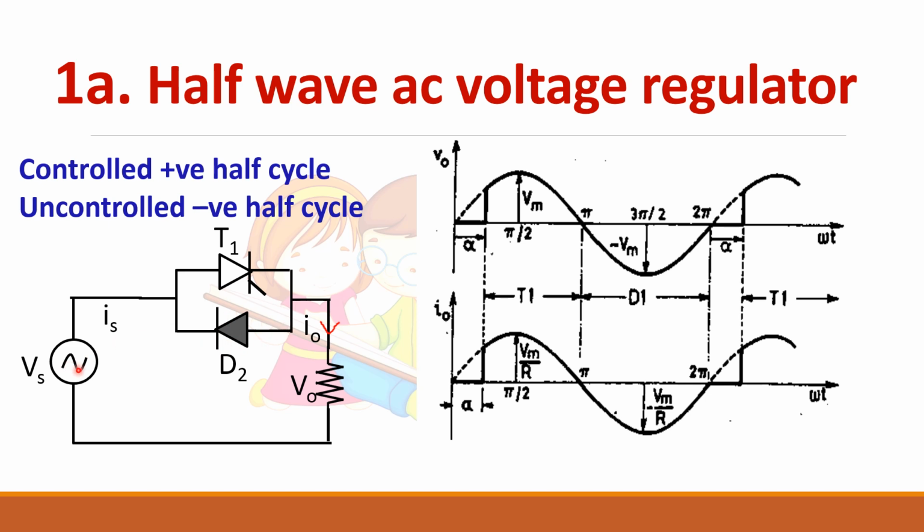D1 will be forward biased and it conducts for the whole cycle, pi to 2 pi. And again, after alpha, T1 will conduct. V0 and I0 are in phase because it is a resistive load.